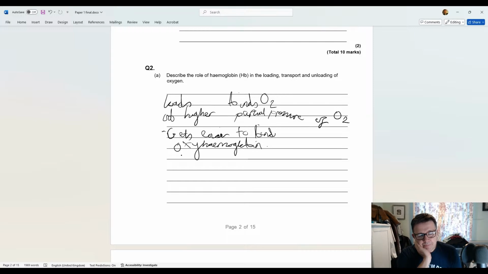Then it can unload or dissociate in the cell. It unloads at a low partial pressure of oxygen.